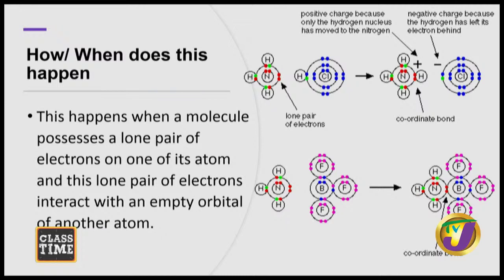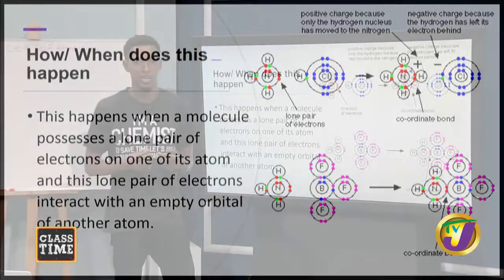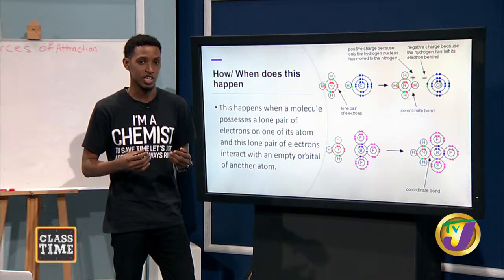Those 2 electrons can come from something like ammonia that has a lone pair of electrons. It doesn't necessarily have to come from ammonia; ammonia is just a good example. It can come from a halogen, because halogens have lone pairs of electrons around them. It can come from water, which has 2 lone pairs of electrons on the oxygen.